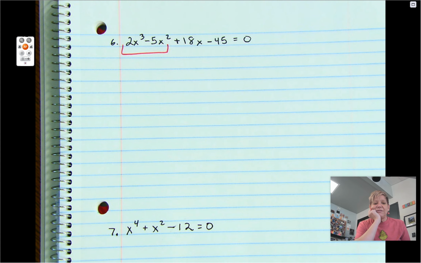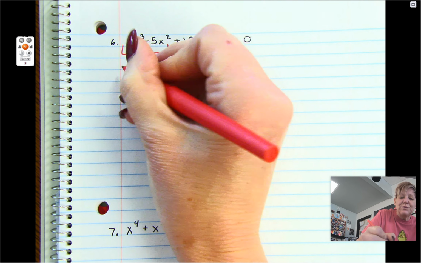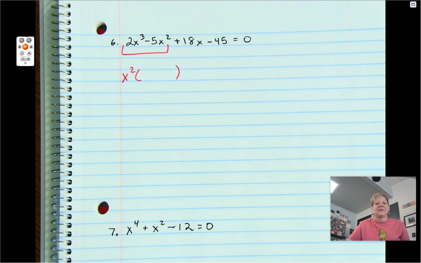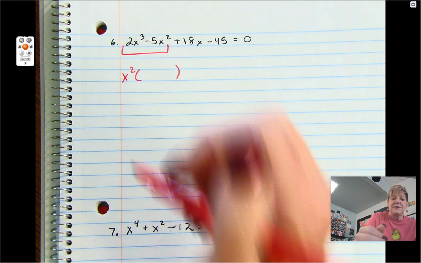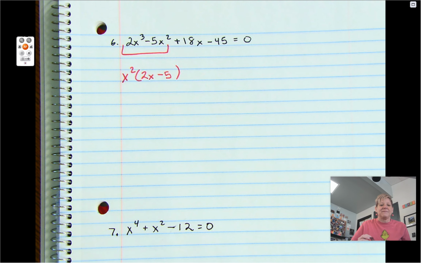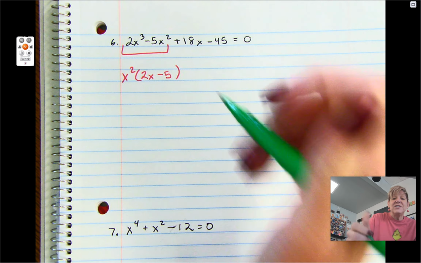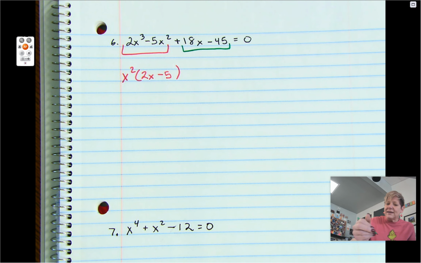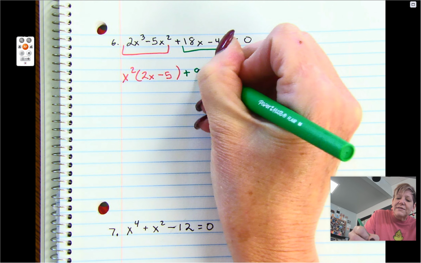Find the GCF of those two. What's left over? 2x minus 5. Find the GCF of these two. 9. 9 goes into both of those.